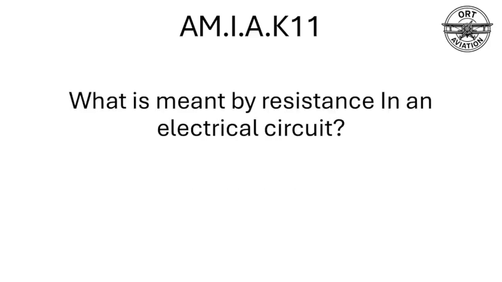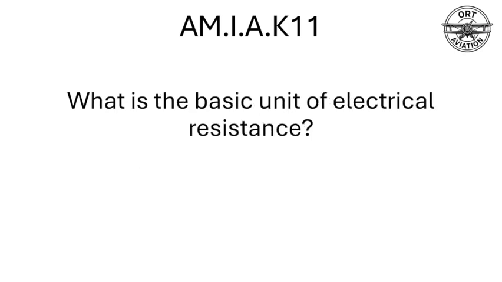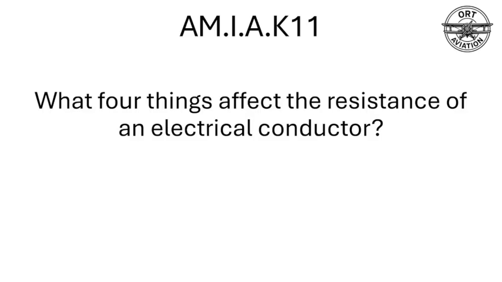What is meant by resistance in an electrical circuit? The opposition to the flow of electrons. What is the basic unit of electrical resistance? The ohm. What four things affect the resistance of an electrical conductor?